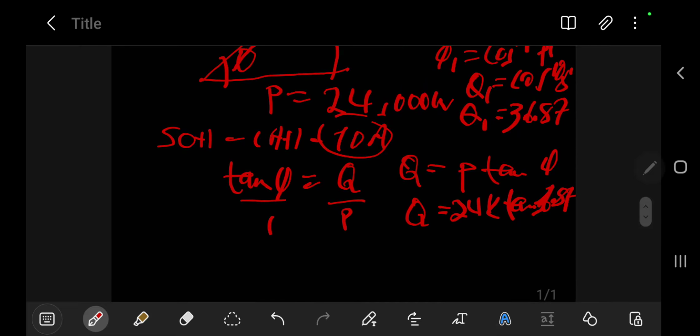Now if you punch this on your calculator, you end up with 18,000, and the unit for reactive power is VAR.